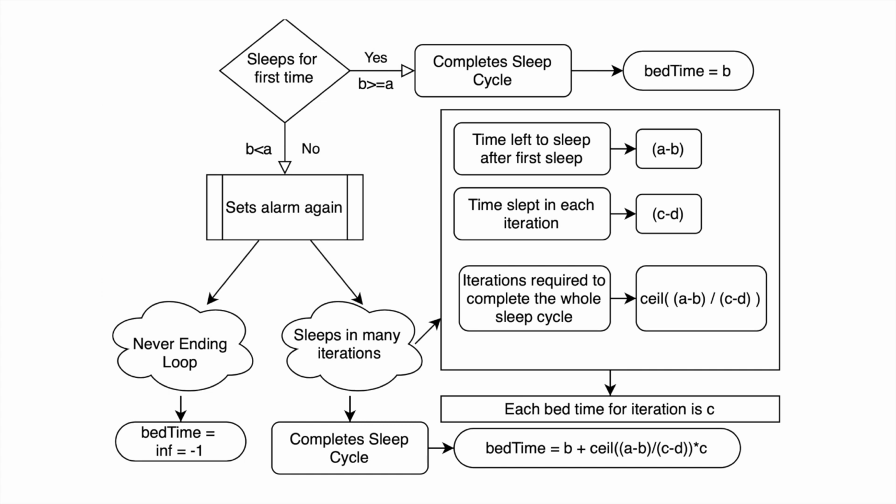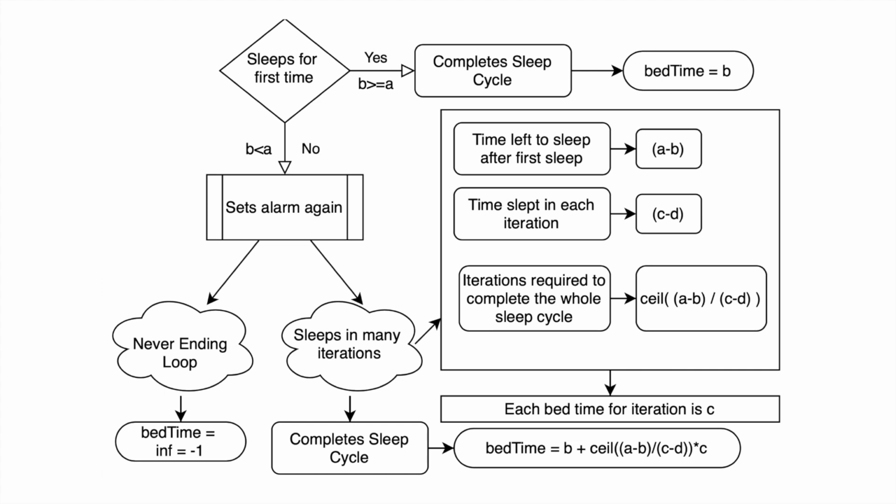Then observing this whole flowchart, we can understand that for the first case, when B is greater than or equal to A, where Polycarp completes his sleep cycle, the bedtime would be B because he spent B minutes on the bed. And when he sets his alarm again, if there is a never-ending loop, then the bedtime would be infinite because Polycarp would always be on the bed, never sleeping the time he wished for.